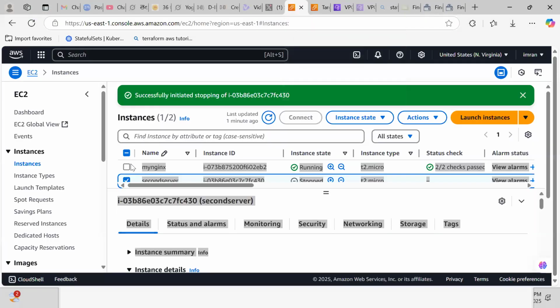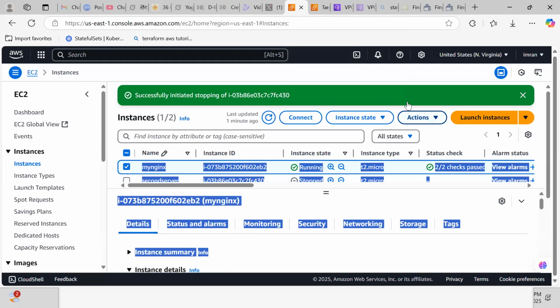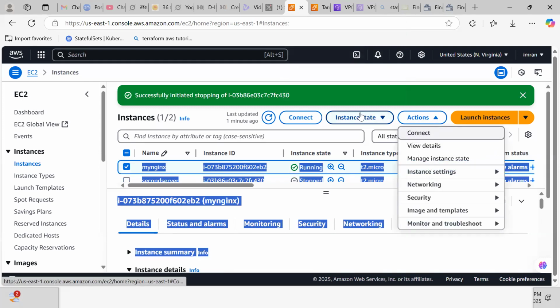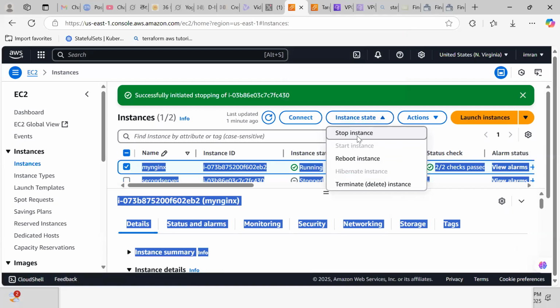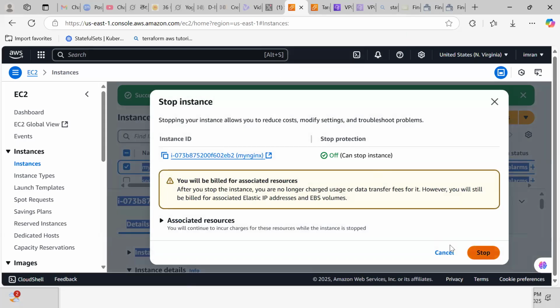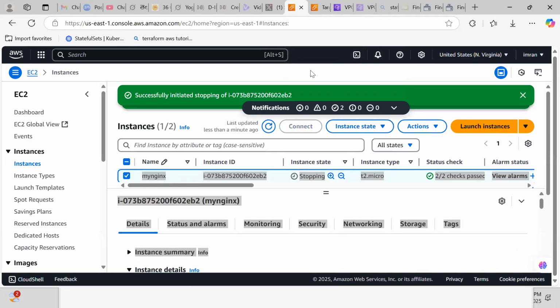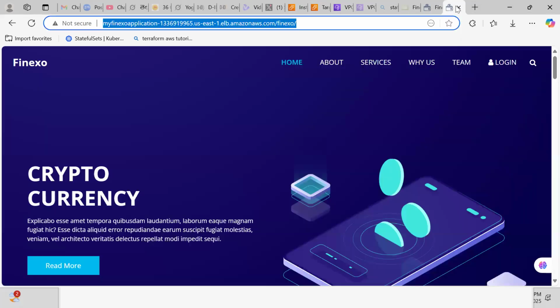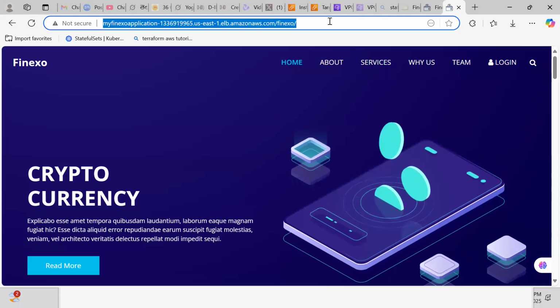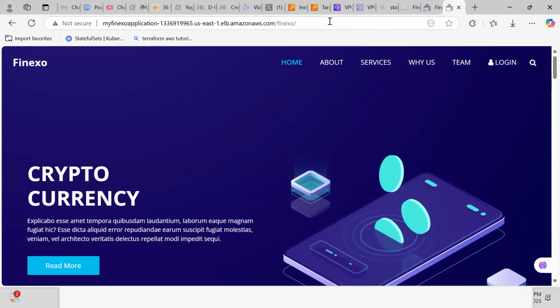Now I'll stop the other instance also. So what is the expectation? We have two instances and both are stopped. Then we'll get some error, maybe a 501 or something similar from the application.